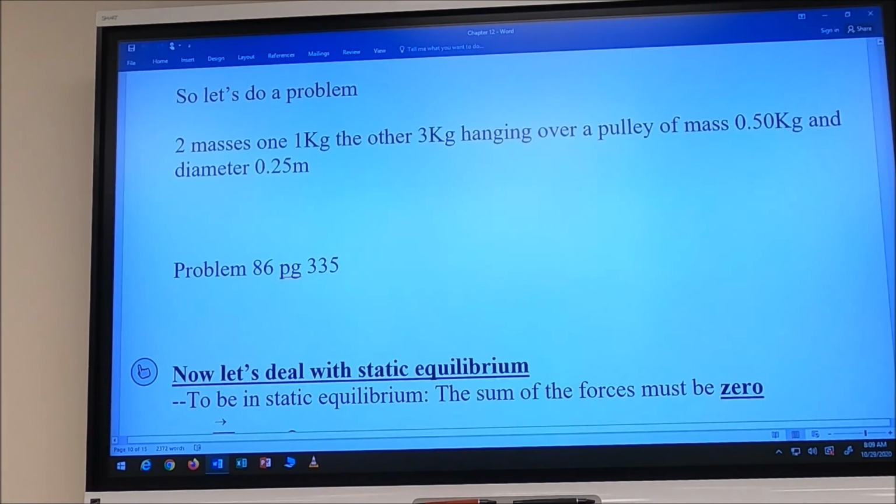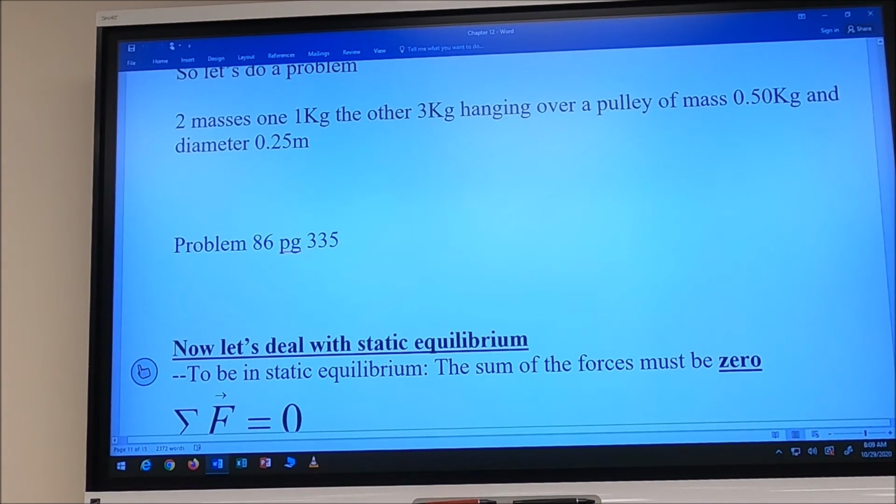So let's look at a problem of my invention. It says two masses, one a 1 kilogram mass and the other a 3 kilogram mass, are hanging over a pulley of mass 0.5 kilograms in diameter, 0.25 meters. Okay?